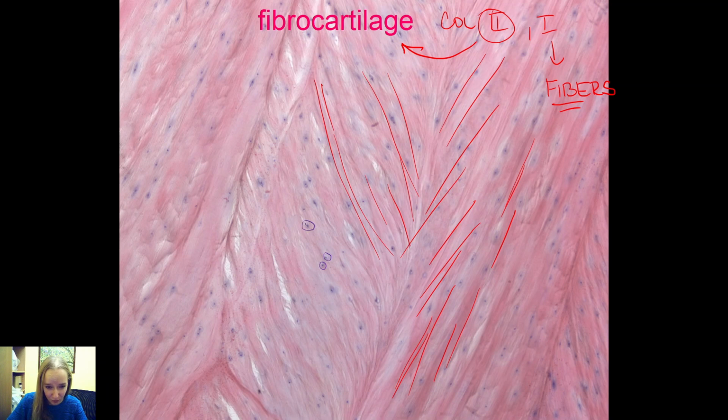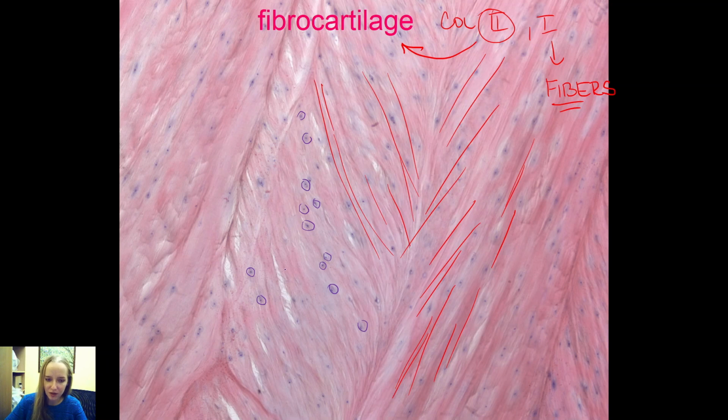They do not form isogenous groups or only small isogenous groups with 2 chondrocytes maybe, rarely 3 chondrocytes, but these are chondrocytes. So once again, this fibrocartilage probably isn't that firm, or these chondrocytes are not dividing that much. So they're alone in their lacunae right here.